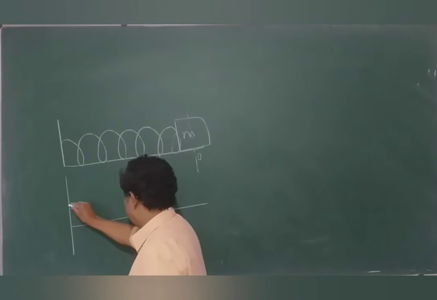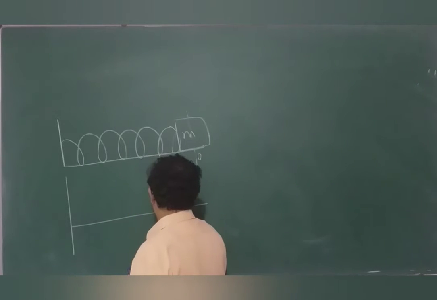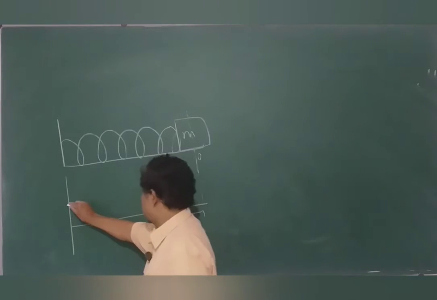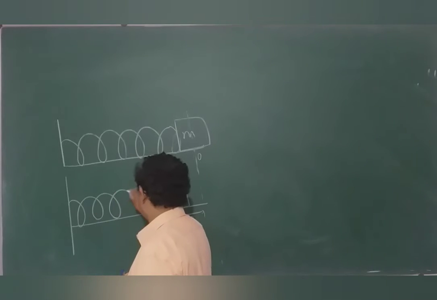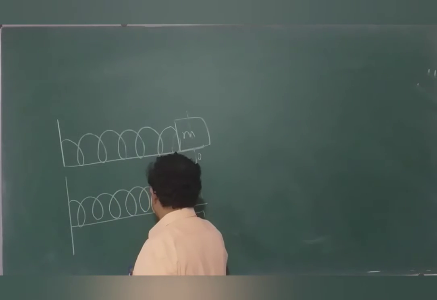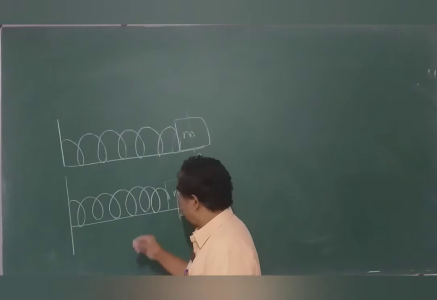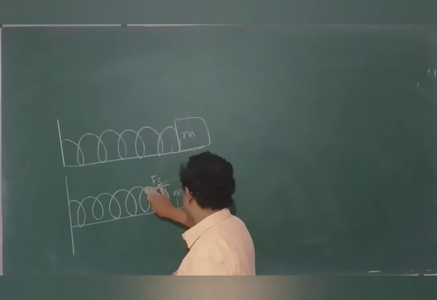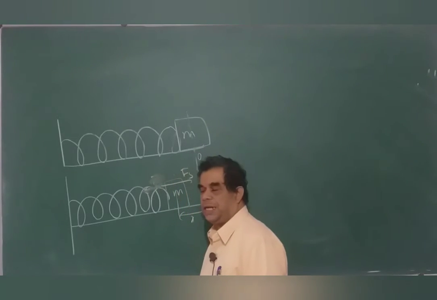Now we imagine that it is compressed by pushing the block of mass m through x. Then the spring gets compressed. At this point, a spring force acts this way. We are compressing it in the opposite direction.